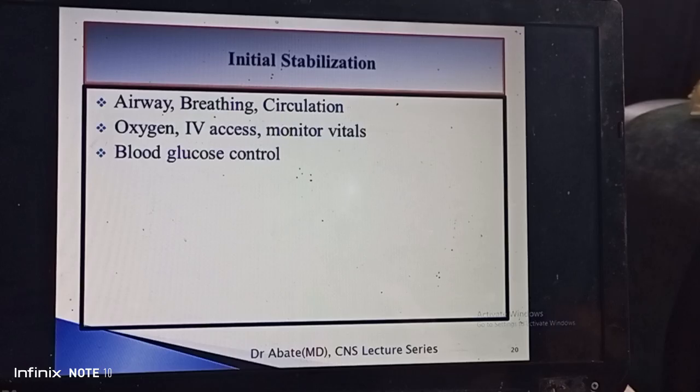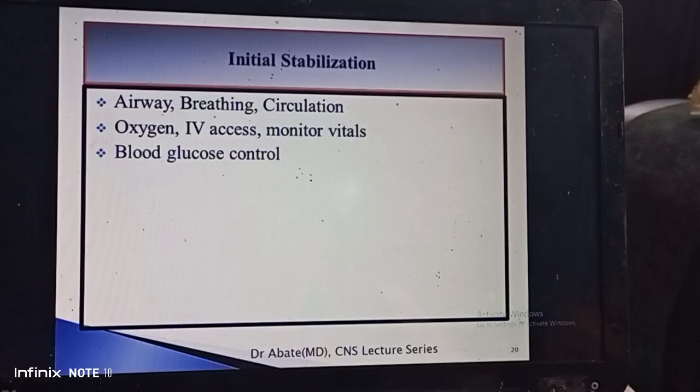Initially, before we classify the patient as having hemorrhagic or ischemic stroke, in the emergency department, immediately after the patient presents to the emergency room, for any patient with a stroke you have to check airway, breathing, and circulation.